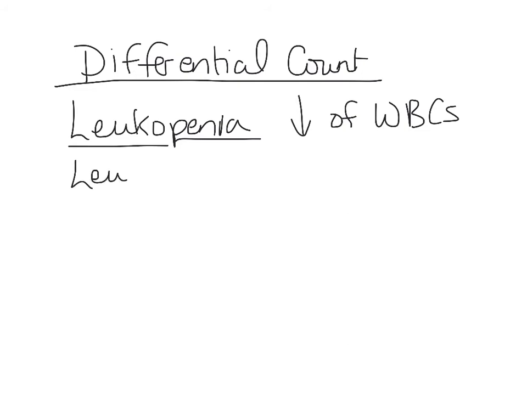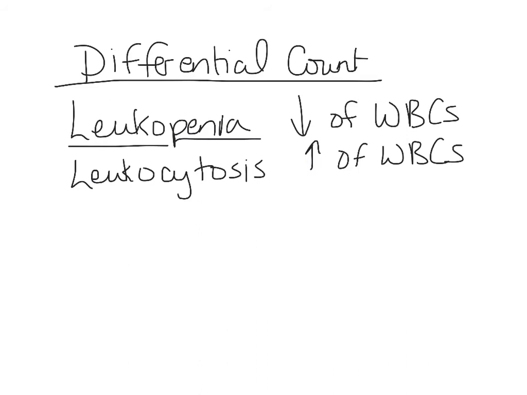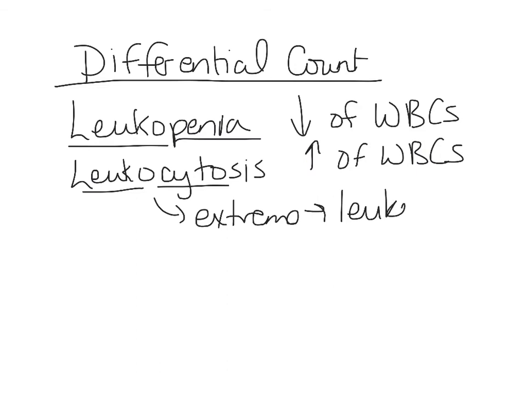Another term is called leukocytosis. And this is an excess of white blood cells, of all the white blood cells. If leukocytosis gets extreme, we call that leukemia, and leukemia is a blood cancer.